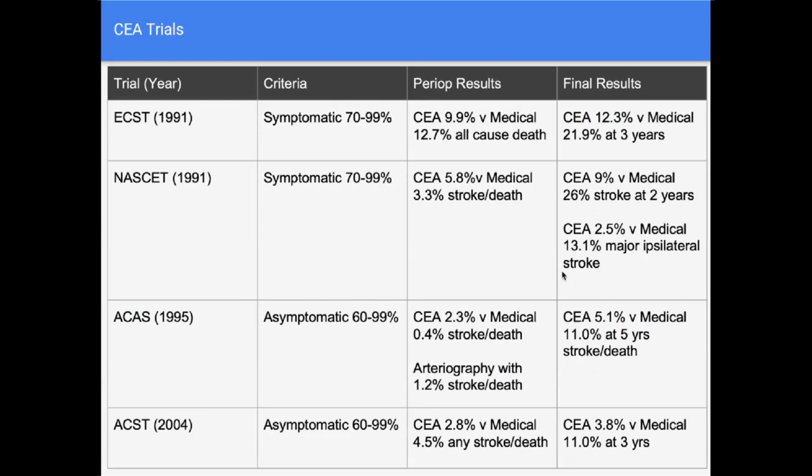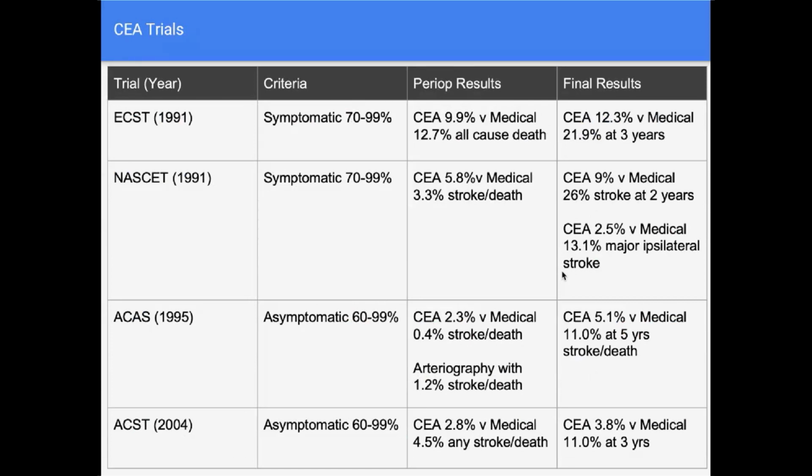The NASCET trial, published in 1991, was for symptomatic patients, those with 70 to 99% stenosis who've had strokes. The early perioperative results were in favor of medical therapy, in that there was 5.8% stroke or death in the endarterectomy group versus 3.3% in the medical arm.